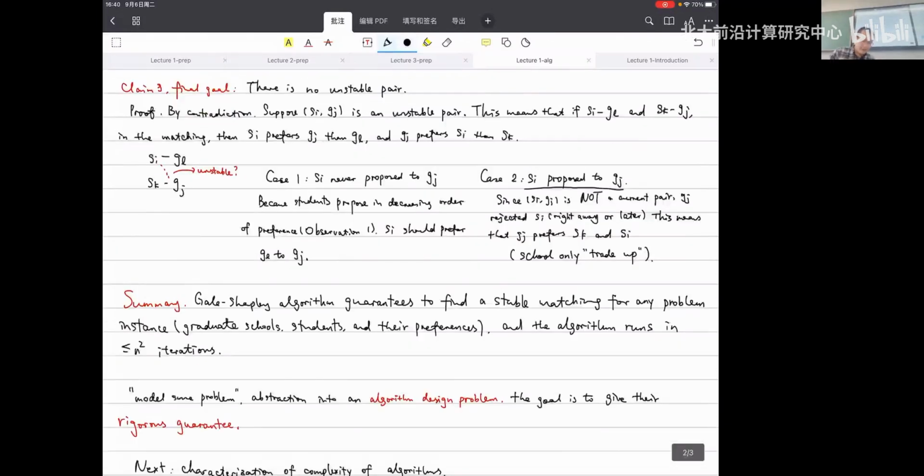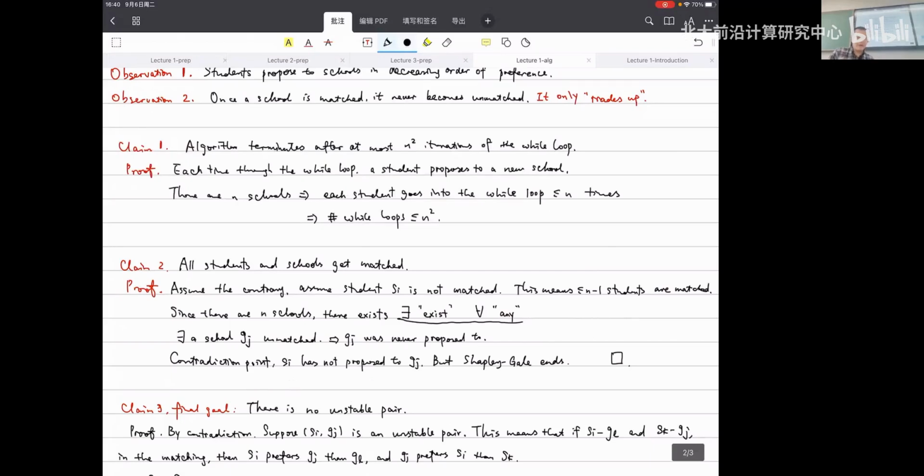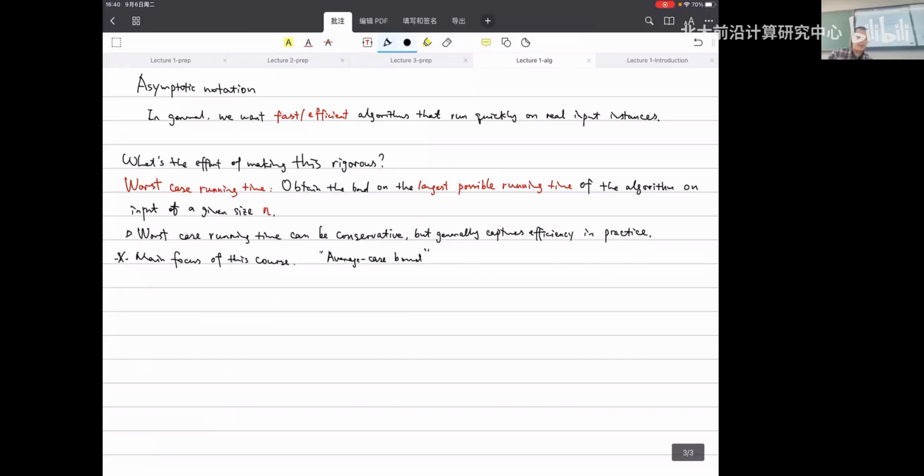For instance, if we are talking about an average case analysis of the Gale-Shapley problem, what is actually being averaged over, what kind of schools and students? There is always something debatable about what kind of randomness and what is the average range you are working upon. But the easy thing about the worst case running time is that, as long as we have a clear model for this stable matching problem, with graduate schools and graduate students, and the algorithm works, we do not bring the story into a more complicated scenario. That is also one of the most important reasons why we want to study the worst case running time in this class.